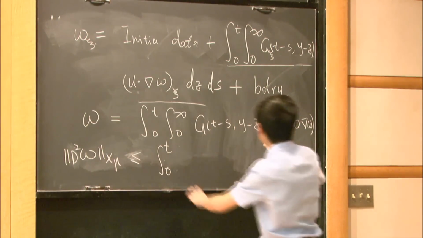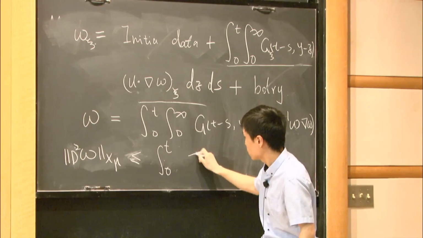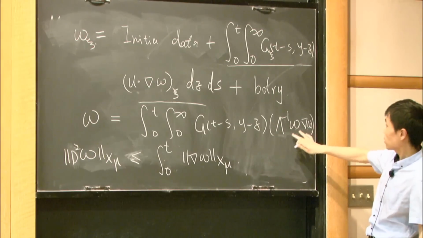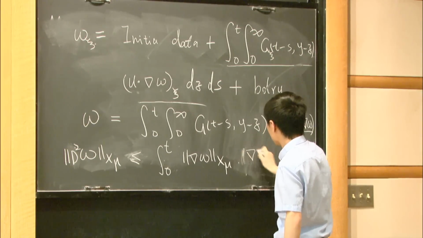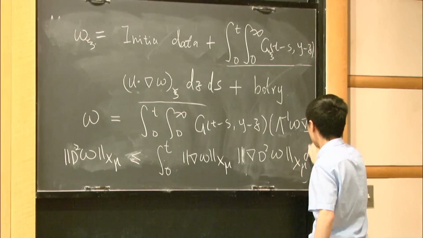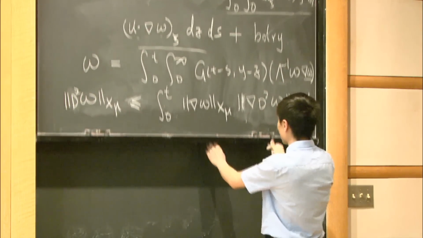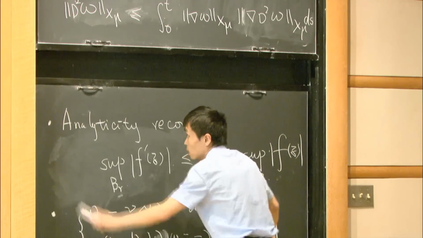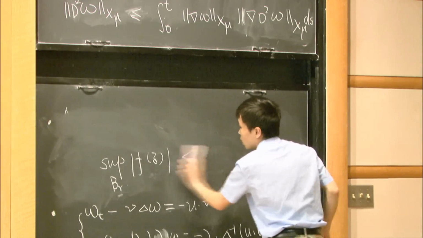For the first term you get gradient omega in the X_mu norm, and for the second term you get gradient d squared omega in the X_mu norm, ds.